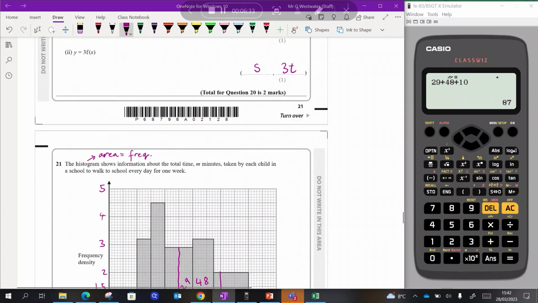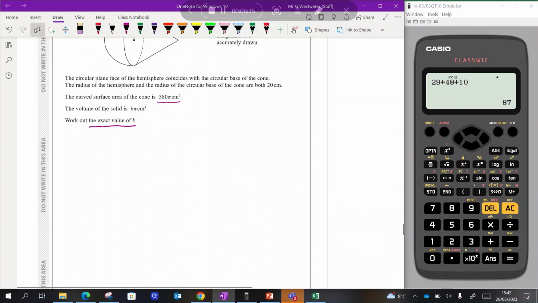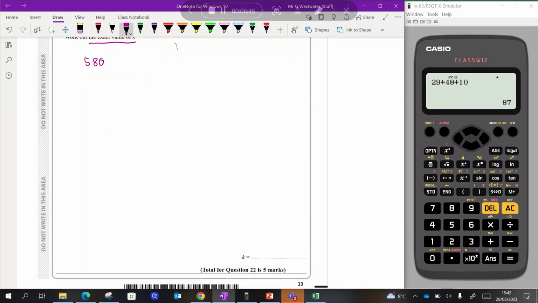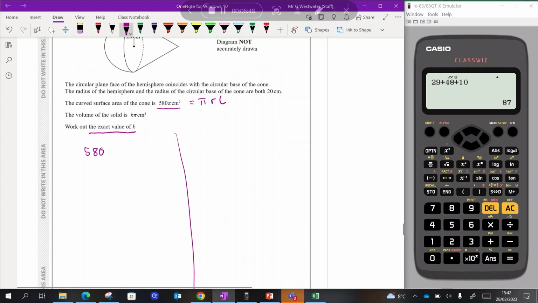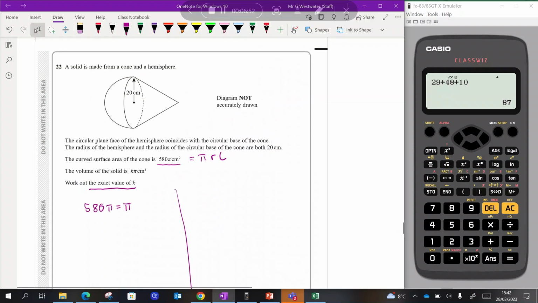So let's get back to the question. Here we are. So the curved surface area is going to be pi r l. So 580 pi equals pi, and instead of r, I'm going to put in times 20 times l. Now it's important, in the diagram at the front, this is l, not the height.